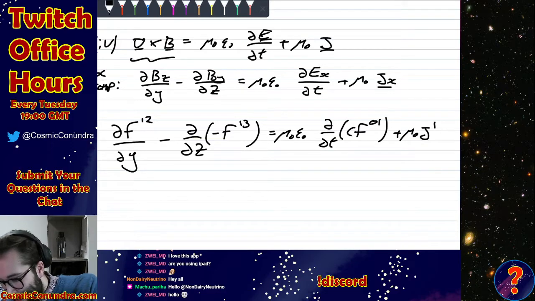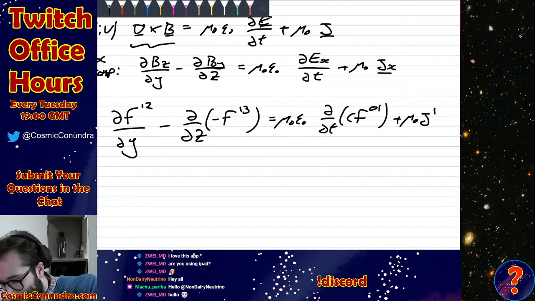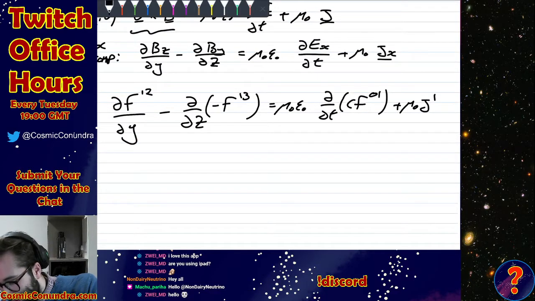But I'm going to do it in terms of these lower vectors. So the first one, d by dy, this is just d2 of F12. Now there's a minus sign here that cancels, so that gives me plus d3 of F13.